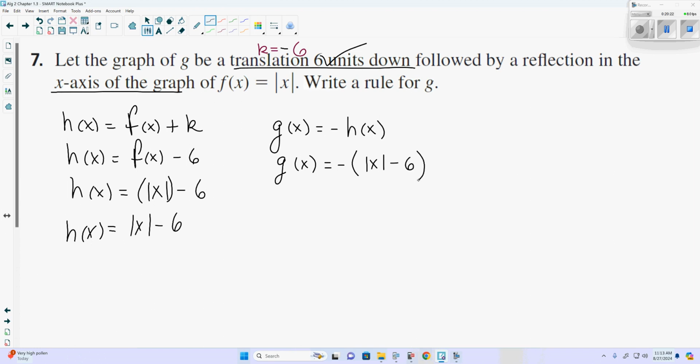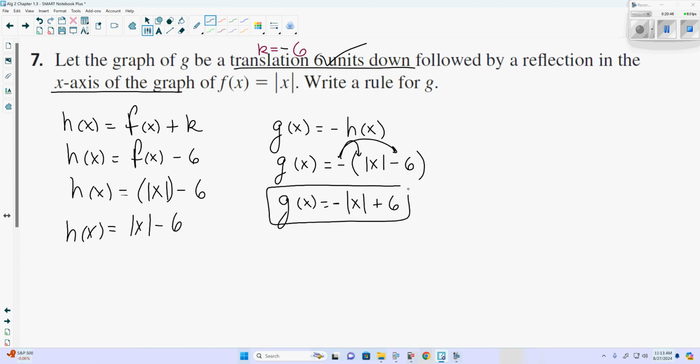Now this one here, we definitely need the parentheses because we do have something in front of that h of x, something that has to be applied to the whole thing. Yes. So the negative is going to be applied to the absolute value, which would give us negative absolute value of x. And then the negative will be applied to the 6, turning it into a positive 6.